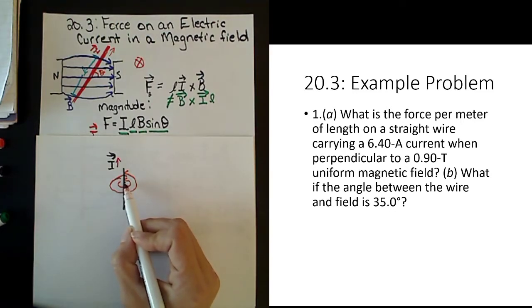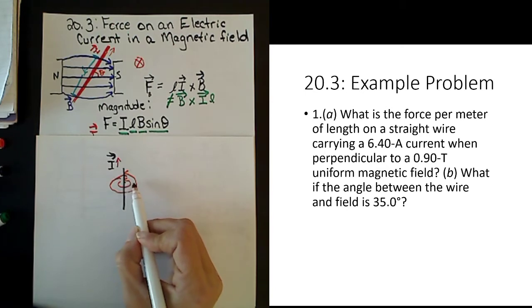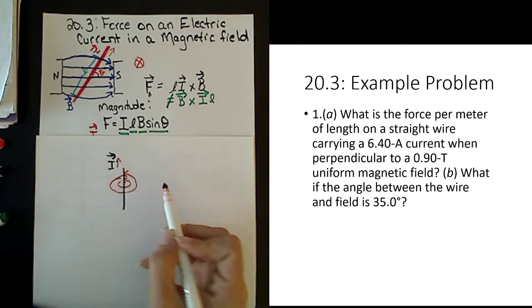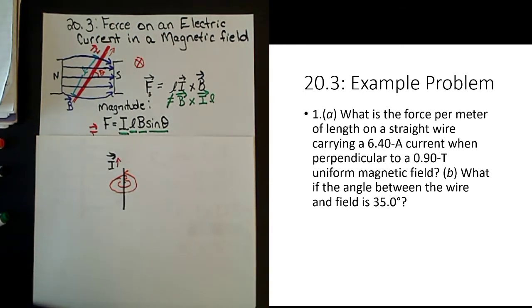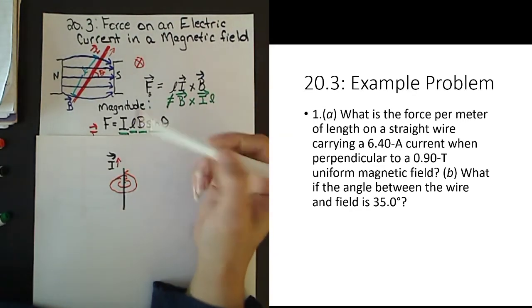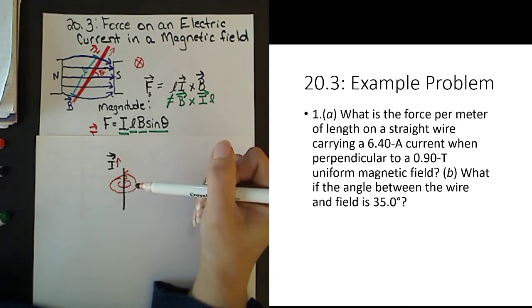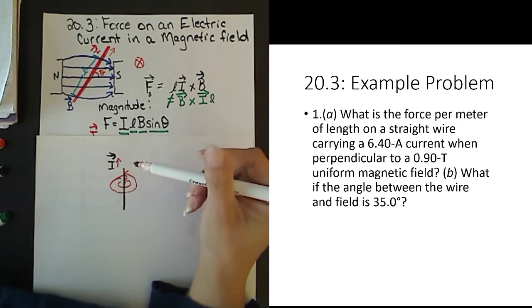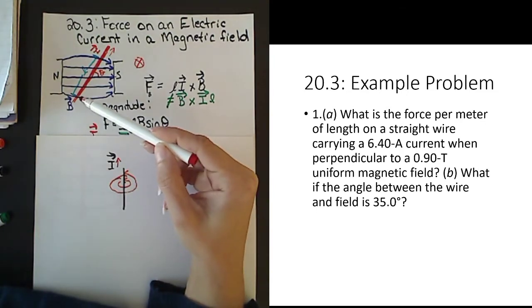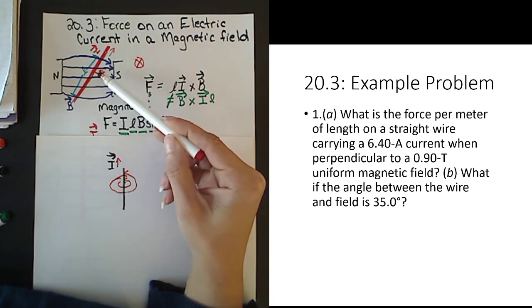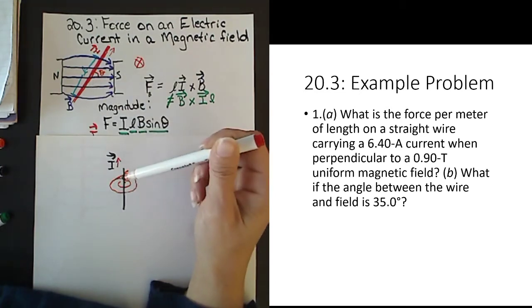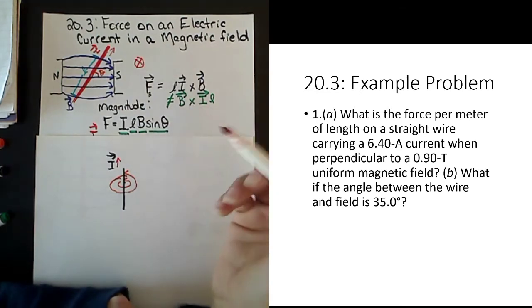Remember, it is strongest near the surface of the wire and gets progressively weaker as it goes out. But the reason there is a force on this wire is because the current generates its own magnetic field. Okay, so when we place the current carrying wire in an external magnetic field, there's an interaction between these fields.